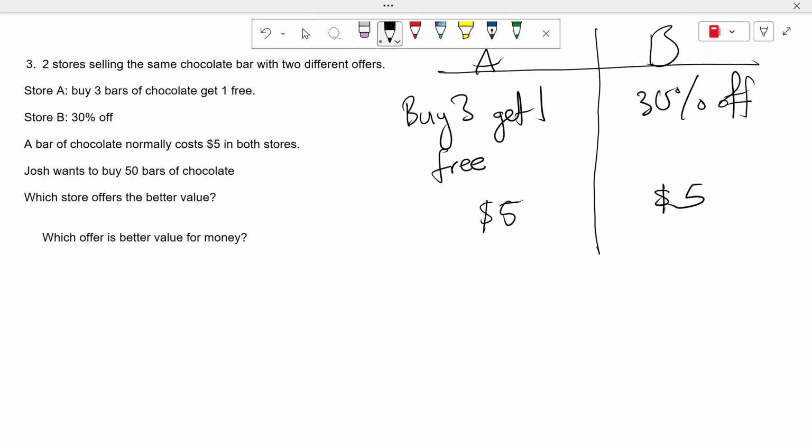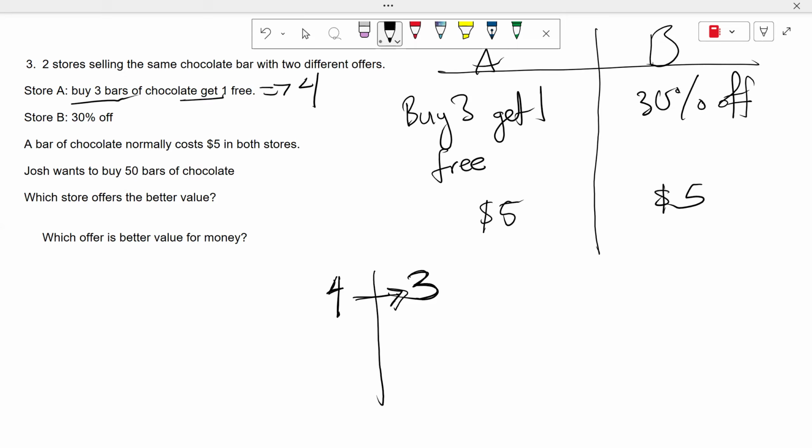I'll just draw a table here. I can get 4 chocolate bars for the value of 3, because it's buy 3, get 1 free.